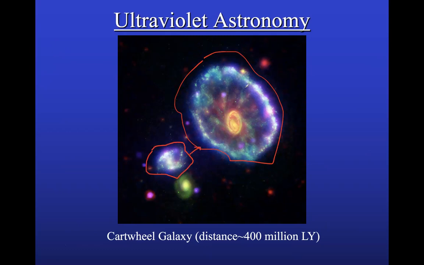You can see this violet color that goes around the Cartwheel galaxy. Those are the regions captured by ultraviolet astronomy, right? These are star forming regions, for a reason: when you have a lot of star forming regions, those regions emit ultraviolet radiation.